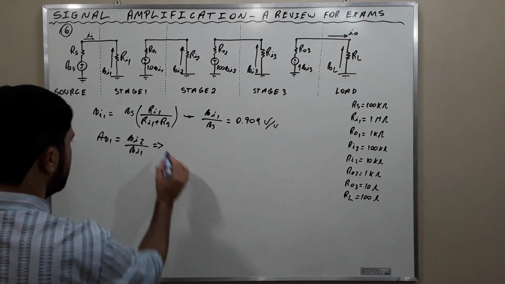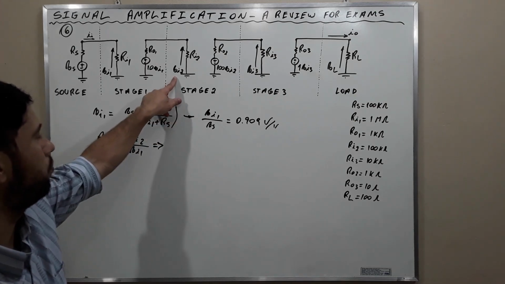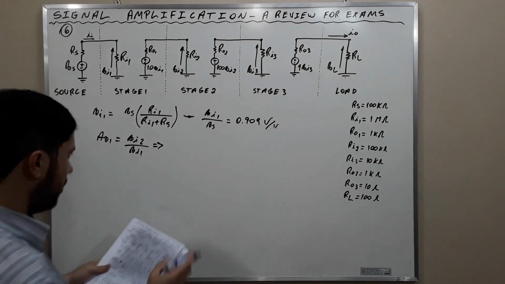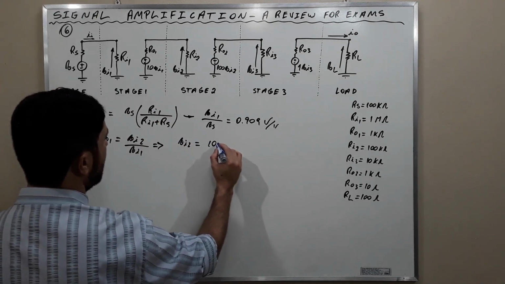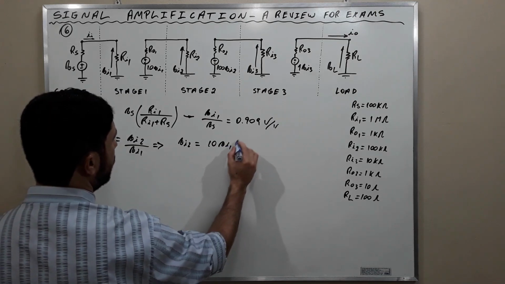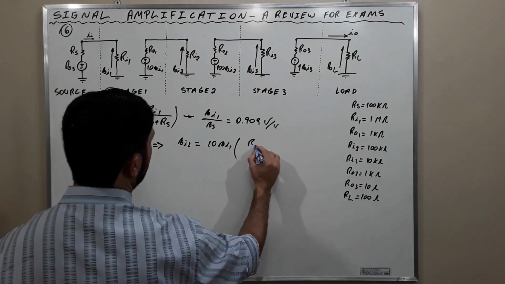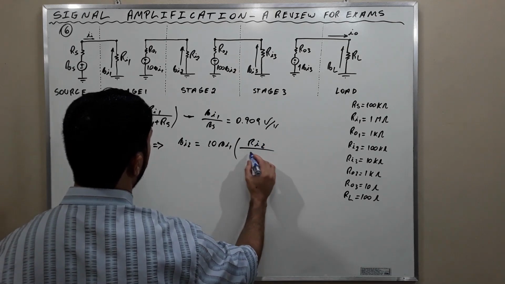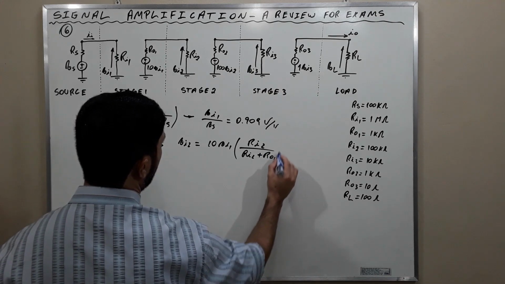And since we can apply the same voltage divider rule here to compute VI2, we know that VI2 is equal to 10 times VI1. Applying the voltage divider rule, we find that RI2 divided by RI2 plus RO1, okay?